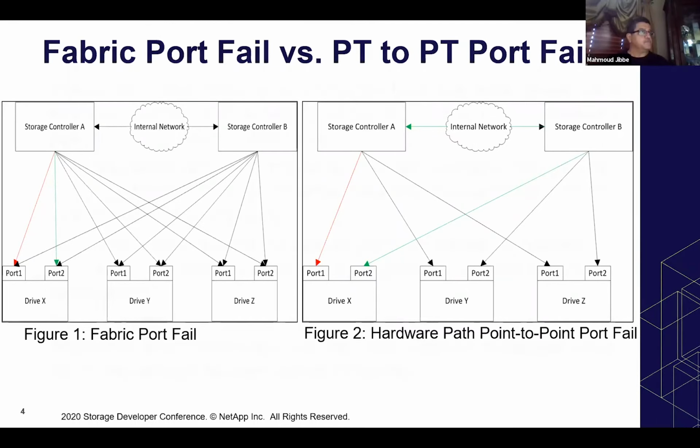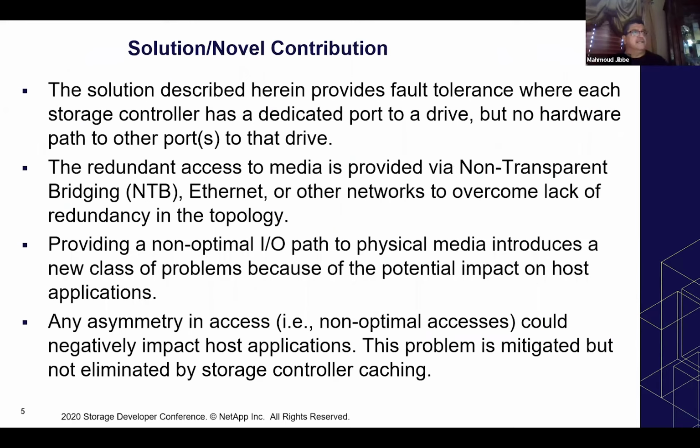Okay. So in the solution that we are describing in this paper, the fault tolerance is provided by the storage controller that has only one dedicated port, and there's no other alternate hardware path to that drive.